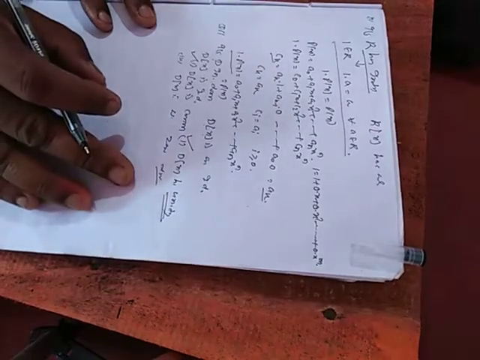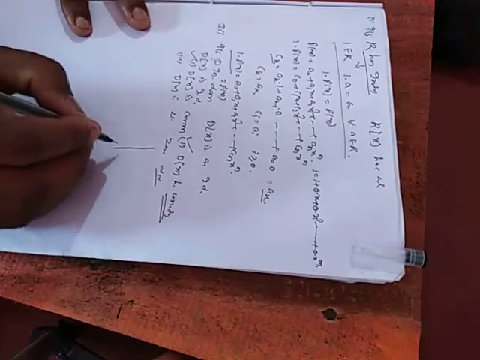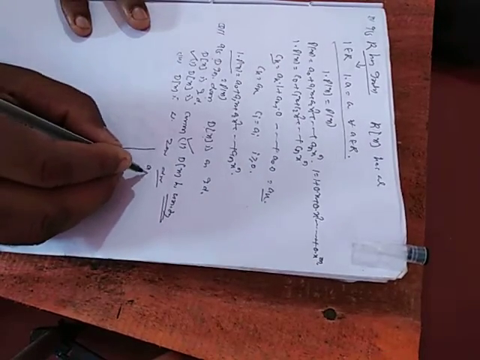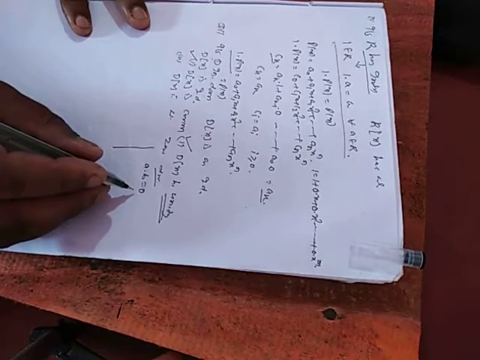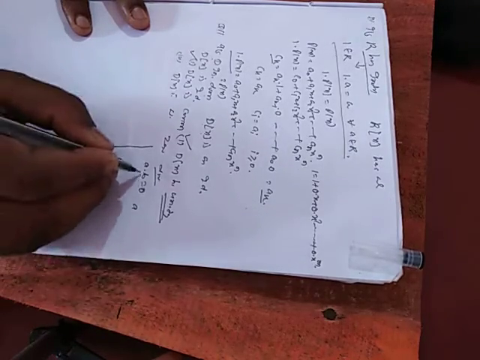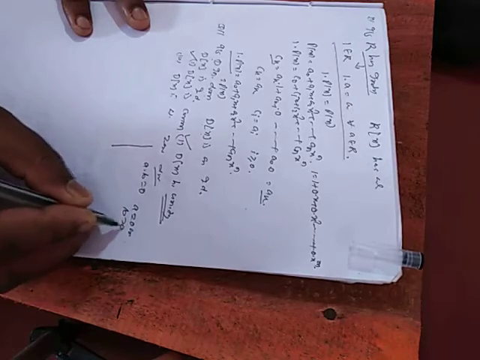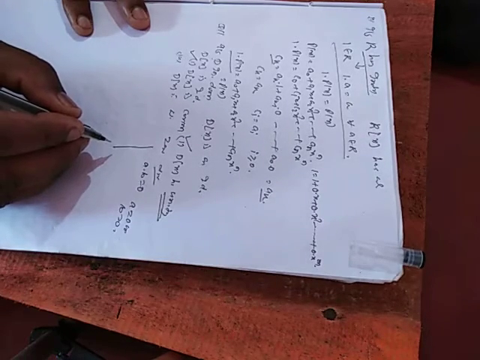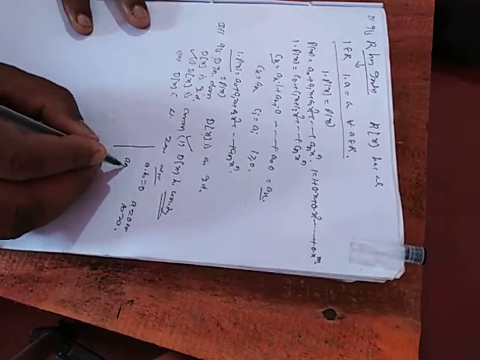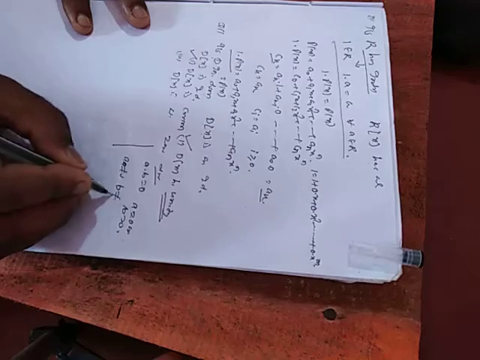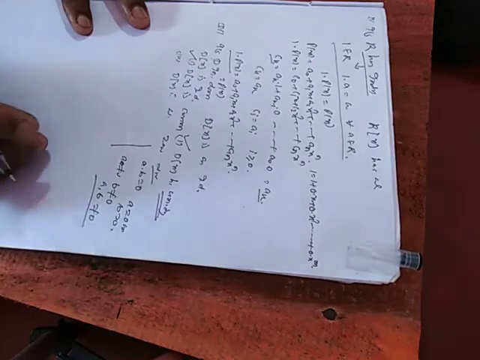What is the meaning of a zero divisor? Definition: if a into b equal to 0, without zero divisor means if a into b equal to 0 then either a equal to 0 or b equal to 0. In other words, if a is not equal to 0 and b is not equal to 0, then a into b is not equal to 0.